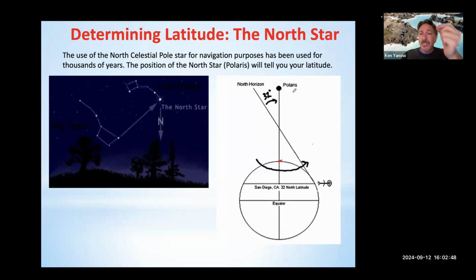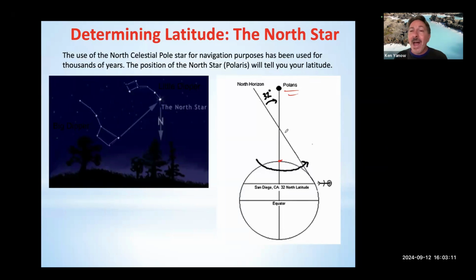And that star today happens to be Polaris. Now, I use the term today for a reason, because Polaris is not always the North Star. Let me rephrase that: Polaris is always Polaris, but Polaris is not always the North Star.